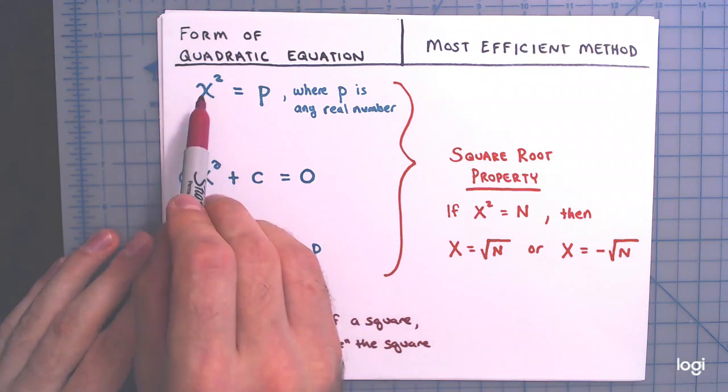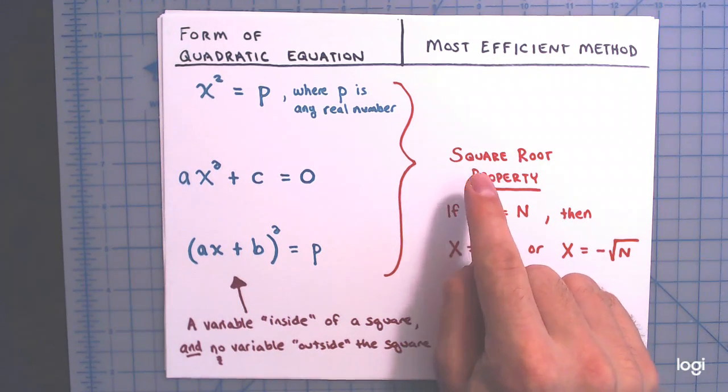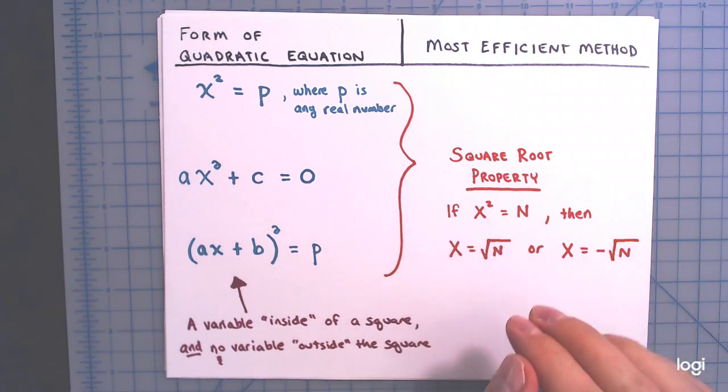So if you're seeing a variable in the base of a square and no variable outside that base, then you should be able to use the square root property. Remember how to use the square root property.